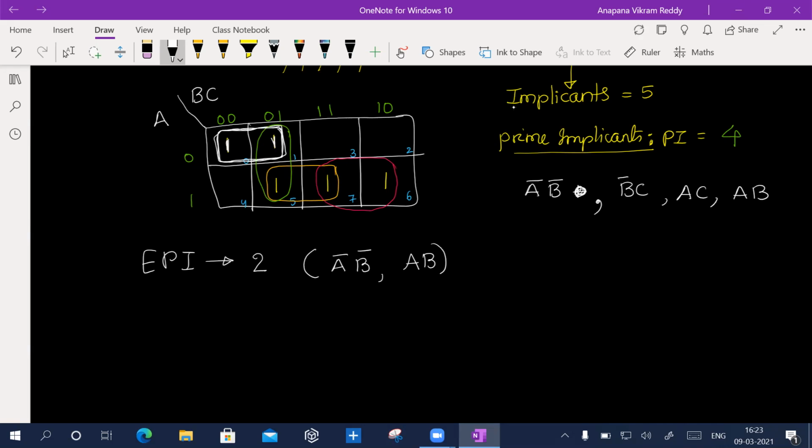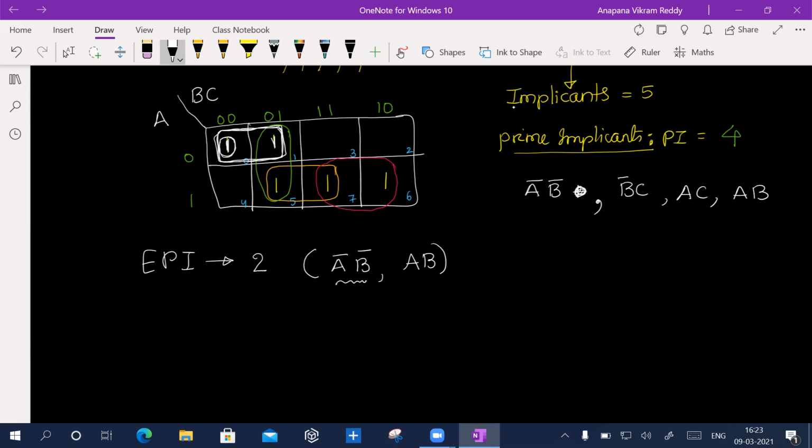Can this one of this PI go and pair with any other PI? No, sir. This one cannot get paired with any other PI. So it is just left like that. Therefore, I can choose A complement B complement as one of the EPIs.